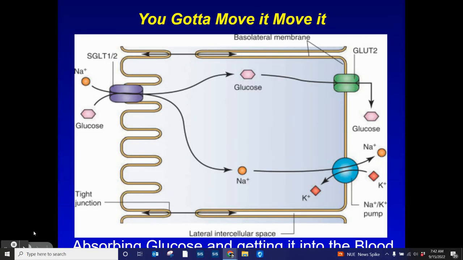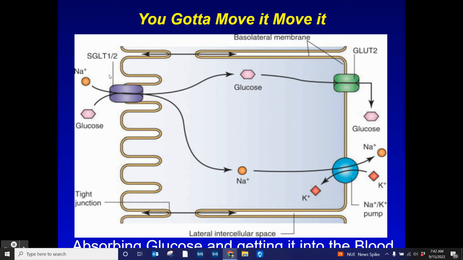Okay? We're going to see something very similar in the blood cells also, or kidney cells, or the cells that line your small intestine. I'm going to go over this diagram in better detail in a couple of slides, but I just want to show you that we have a sodium glucose transporter here.